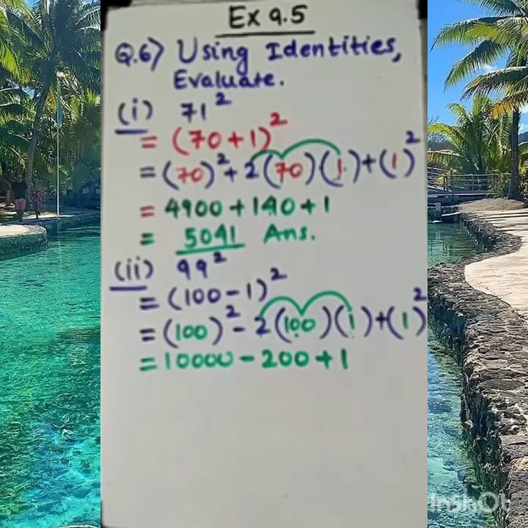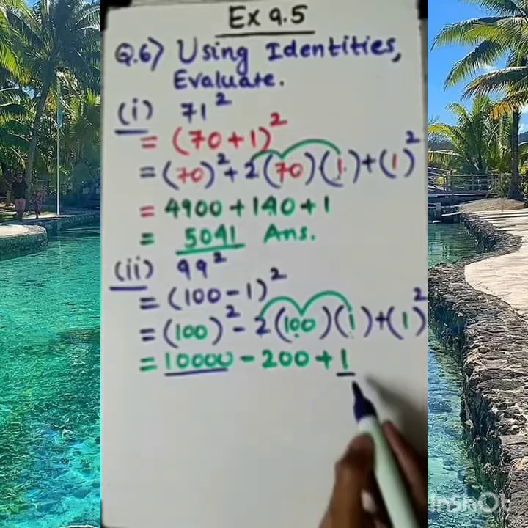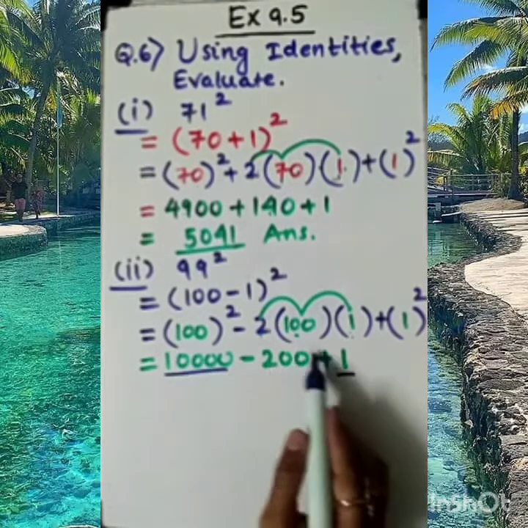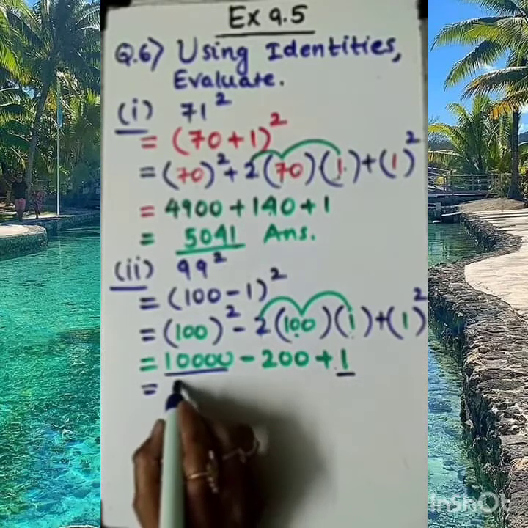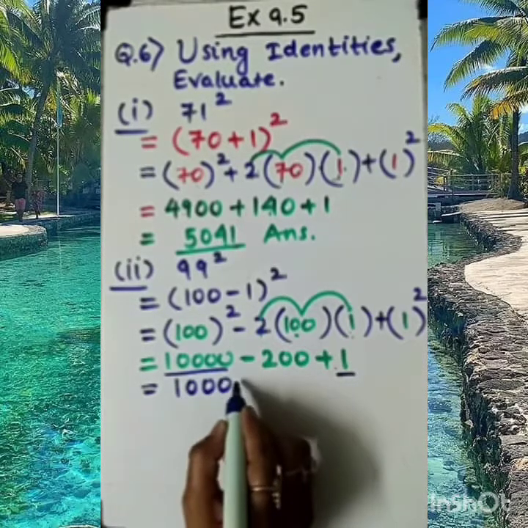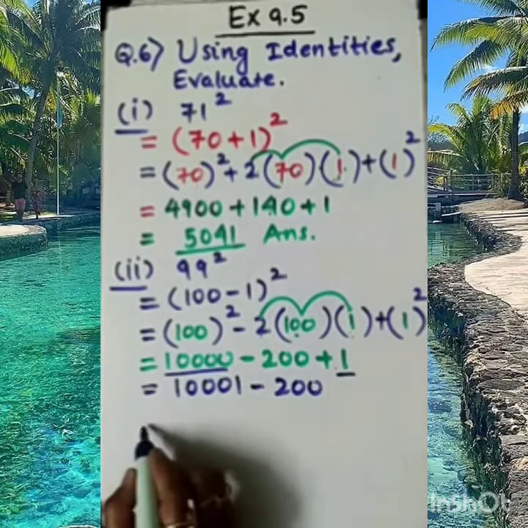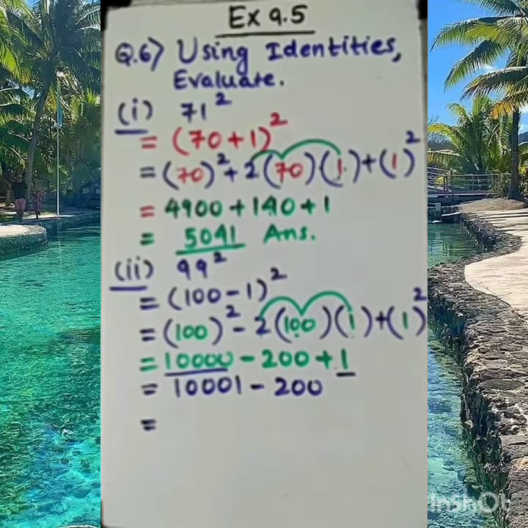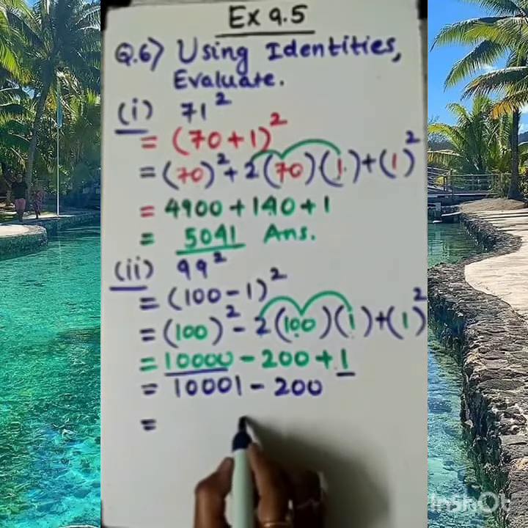As we know, these two terms are positive, they have a plus sign, and this is negative. So first of all, I need to add both of these, and I will have this result. Minus 200. So how do we work it out? Let's subtract. 1 minus 0 is 1.